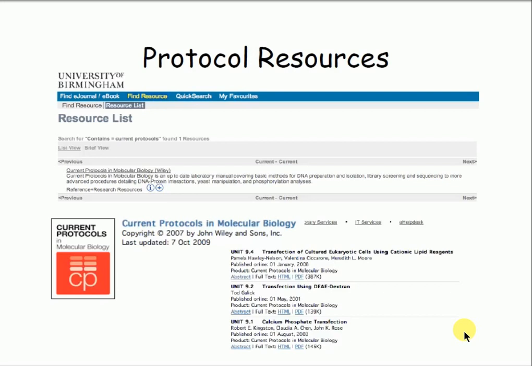So with these methods you can make your reagents yourself, and obviously it's much cheaper than buying expensive stuff from companies. Or you have other methods, transfection using DEAE dextran, calcium phosphate transfection. So these are classic protocols that people have been using for decades. And obviously, they work. And you also find a little discussion about pitfalls that might be useful. So for any type of thing, this is really a good resource.